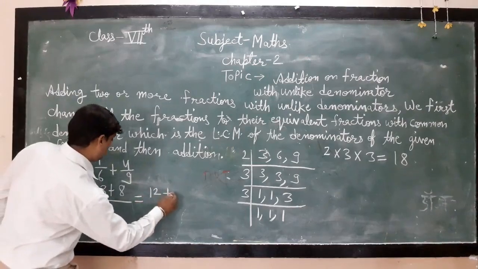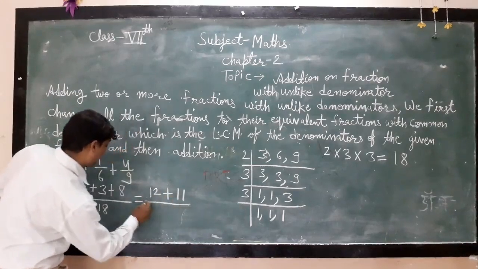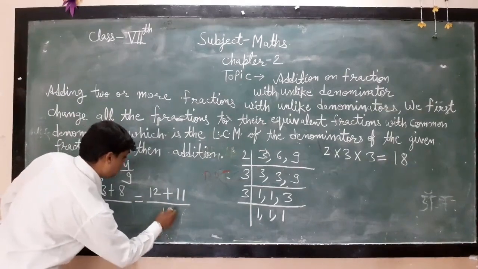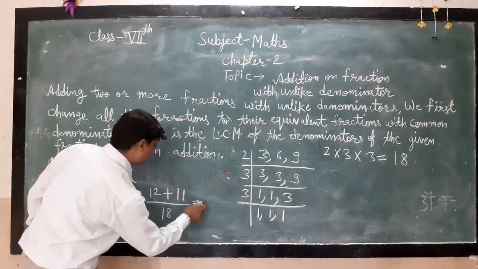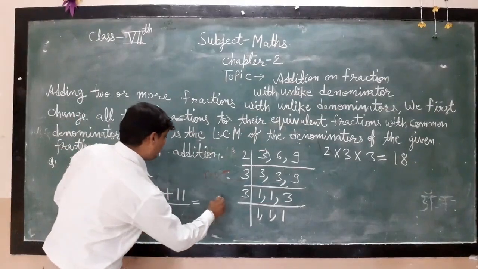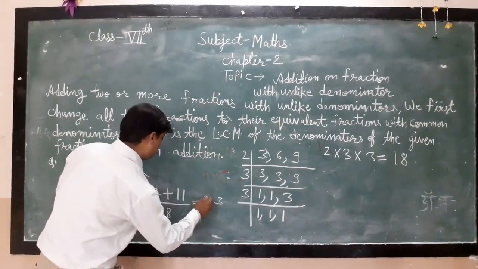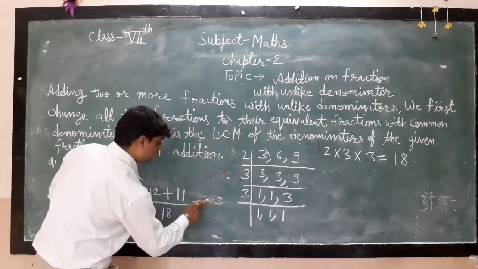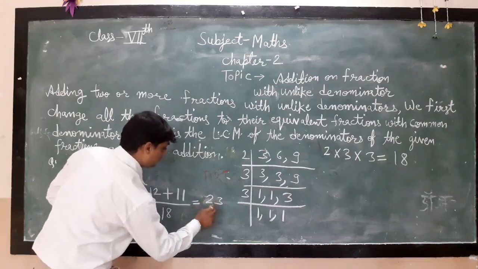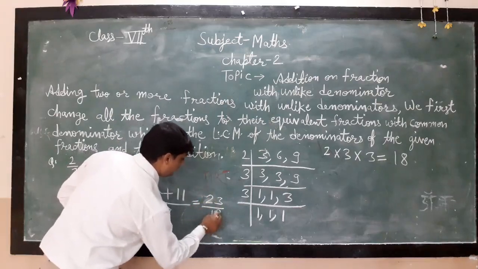12 plus 11 upon 18 is equal to 23 upon 18.